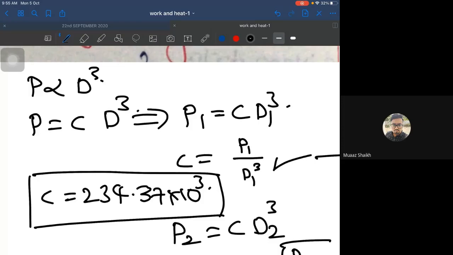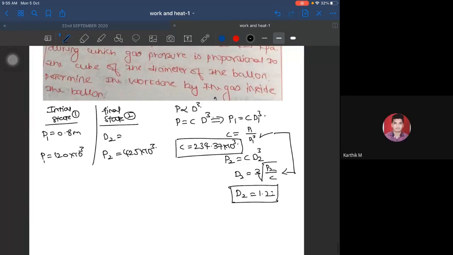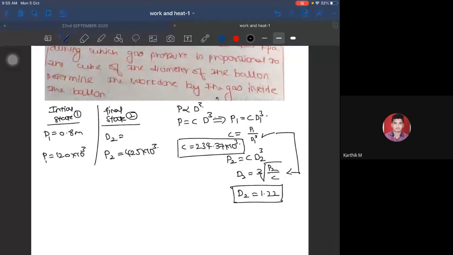Okay. Next. The D2 value is 1.81? I have got 1.8. Okay, 1.22. Even Karthik got the same, Sagar got the same. No, sir, I got 1.81. Okay. Another value? Just check.